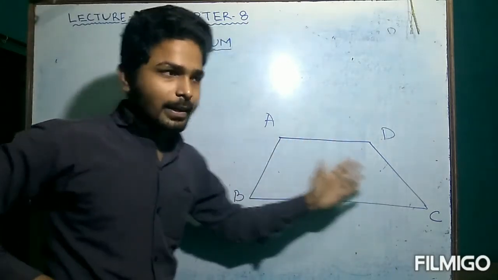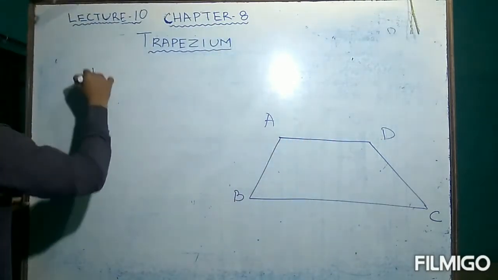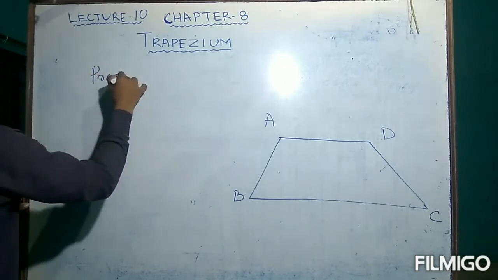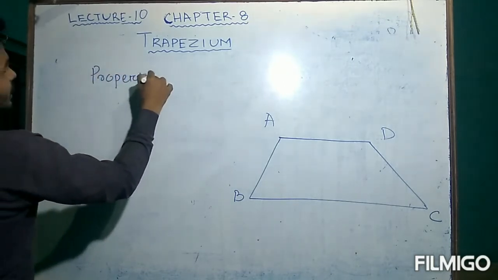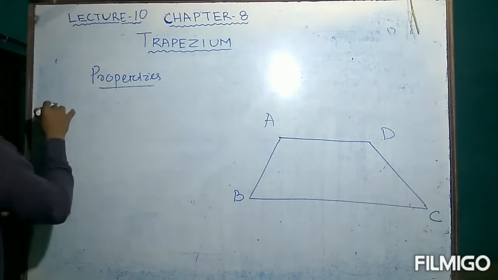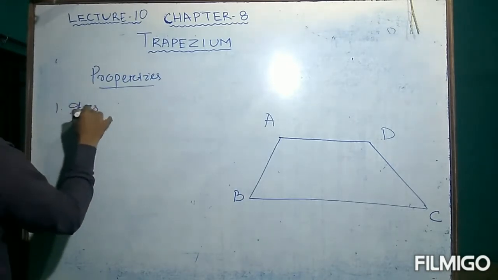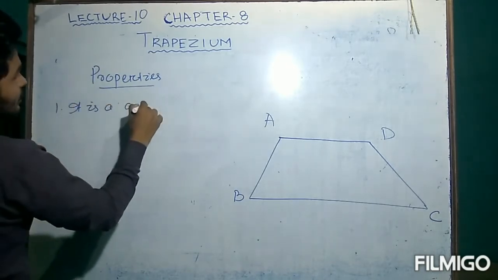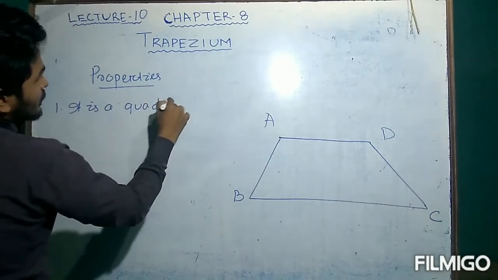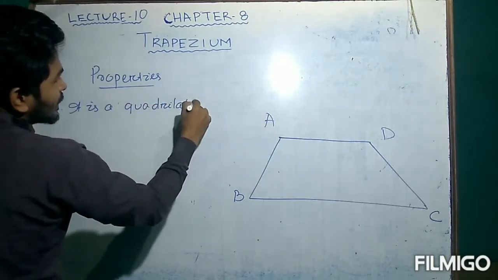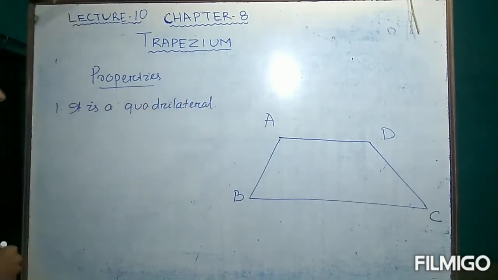First of all, it is a quadrilateral. So, the properties of trapezium.